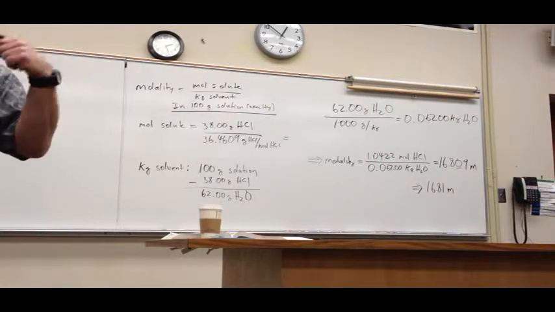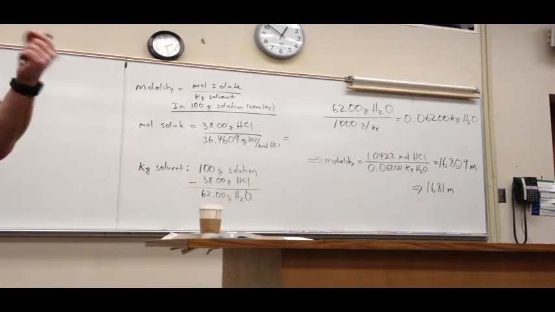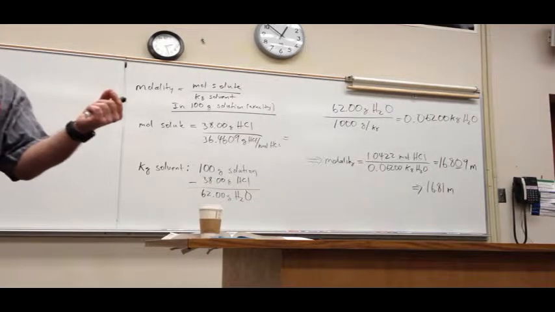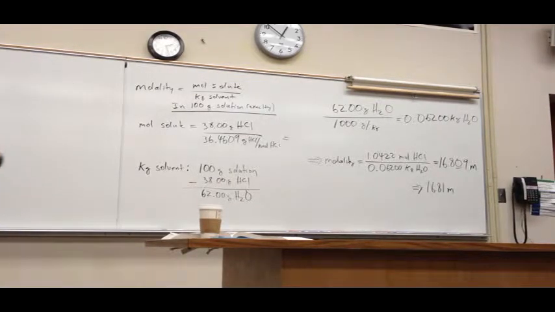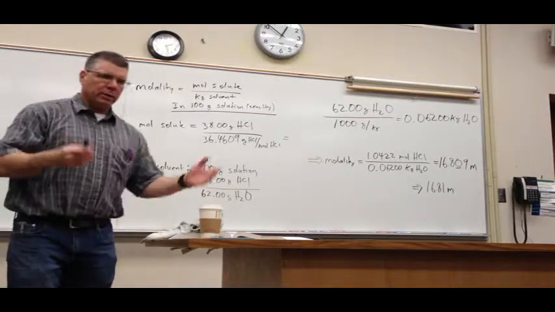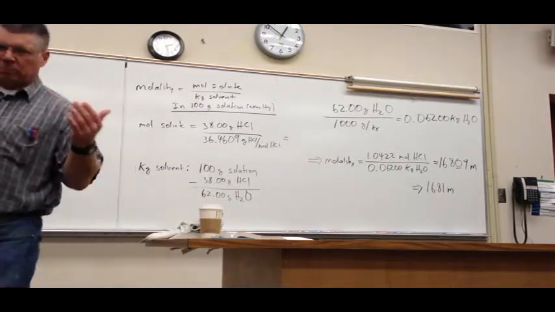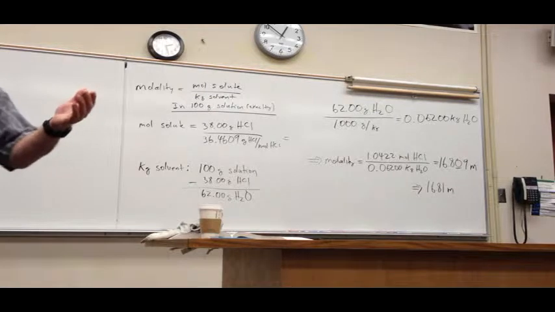Everything there was 0.1 molar pretty much, right? 0.1 molar sodium chloride, 0.1 molar acetic acid, 0.1 molar of ammonium hydroxide. The 0.1 molar sodium chloride glowed brightly, 0.1 molar acetic acid did not glow brightly.